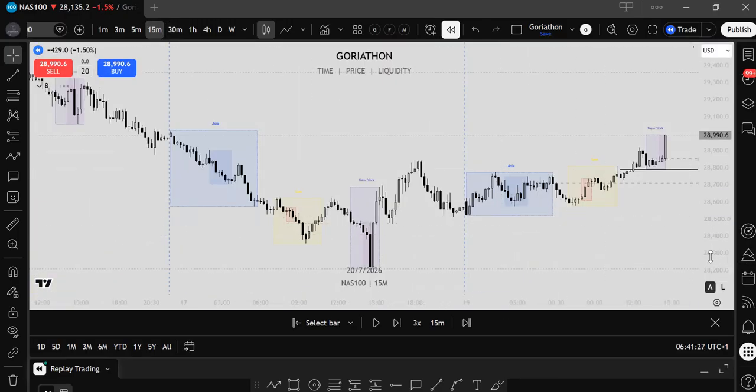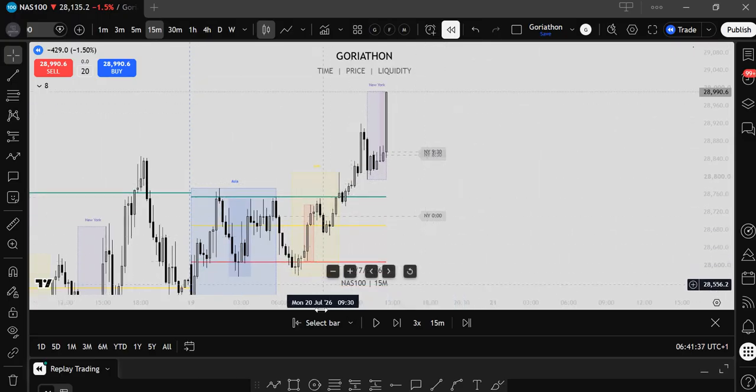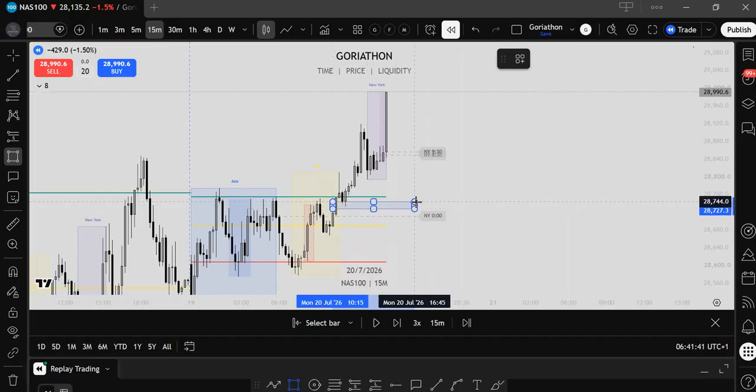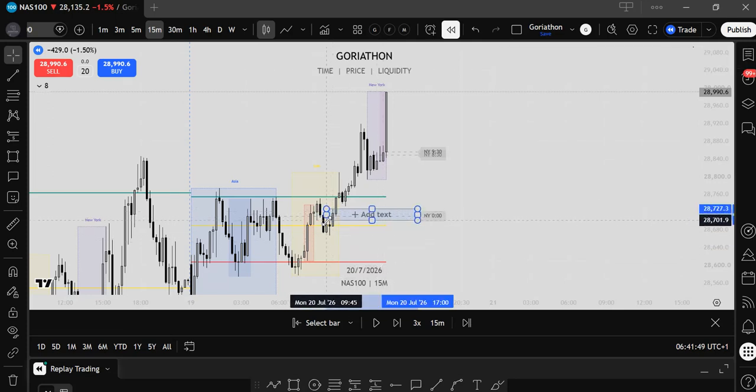Then you go to the M15 time frame. Anything on the M15 time frame, nothing specific. So this is not a gap as well, so we can remove that. We could mark this key level over here, right? Which can act as an M15 fair value gap, if price does come over there, right?